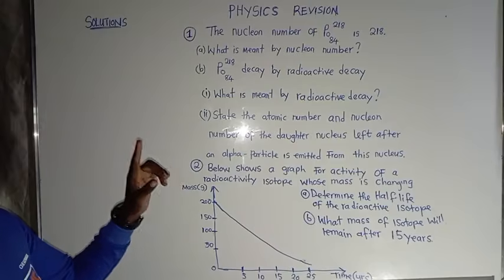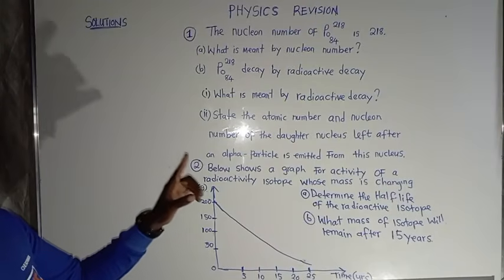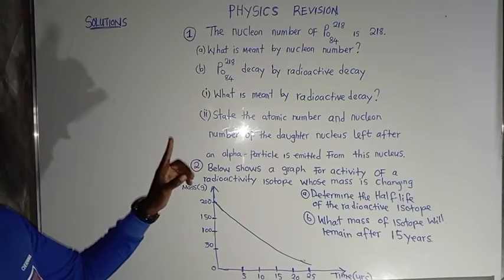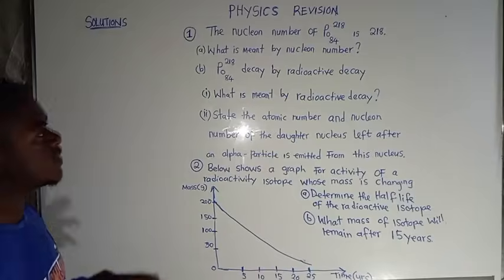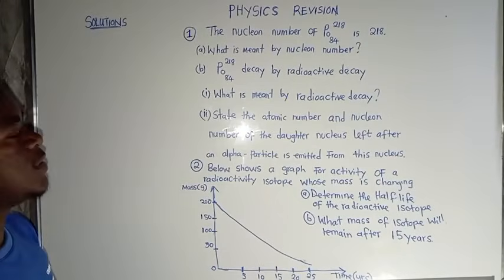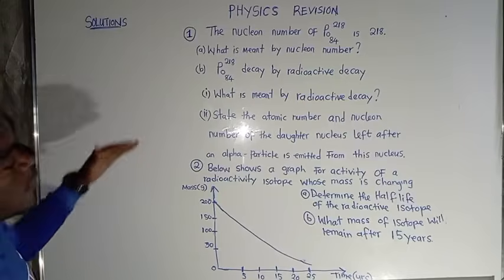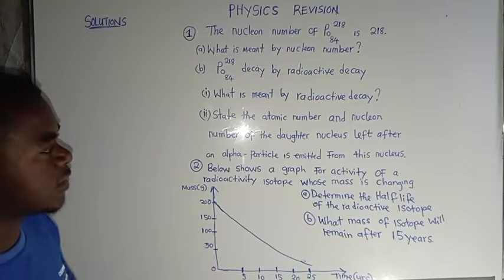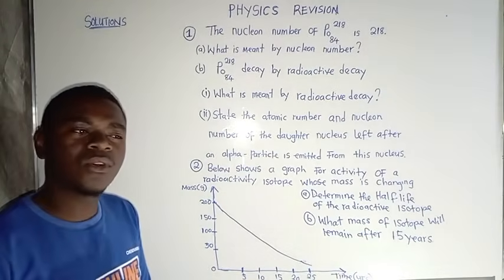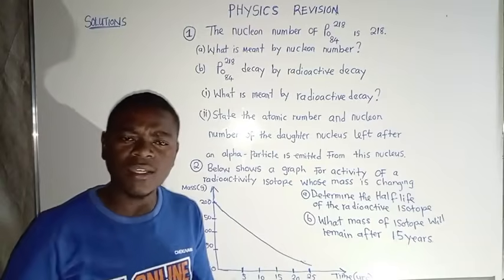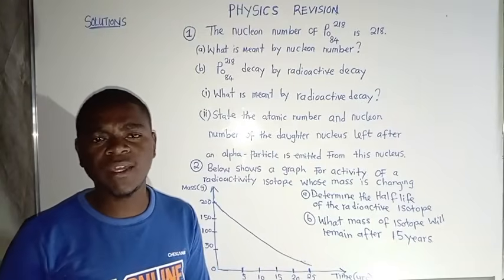What is meant by nucleon number? And this other question is saying that one decays by radioactive decay. So these questions, all of them, are falling under radioactivity. You need to know what radioactivity is before going any further.